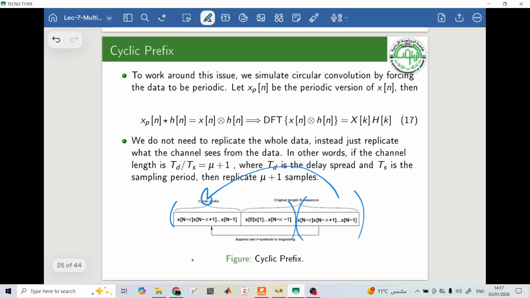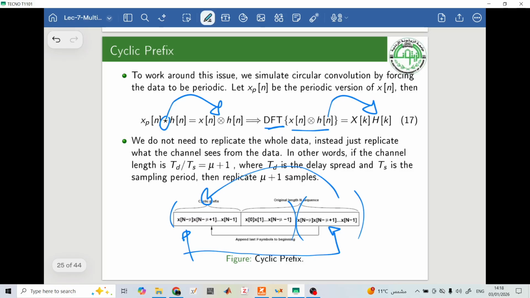So the beginning and the end of the symbol look alike, and the channel will see the symbol as circular. So the linear convolution will be converted into cyclic convolution. And when we take the DFT of the cyclic convolution, it will give us the multiplication. So here we are converting the channel from wideband into flat fading, narrowband fading channels. So this is what we do.